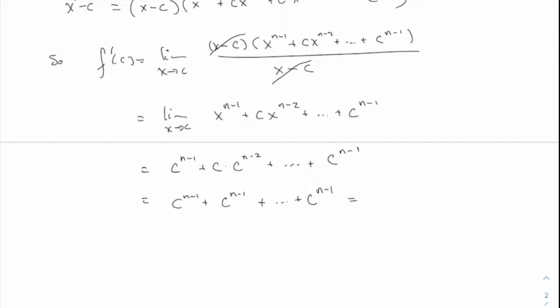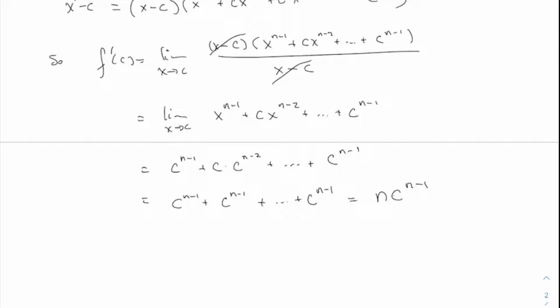So we can add them all up. How many of them are there? I think there are n of them if you are careful about how you count these up. Here we begin with x to the power n minus 1 going all the way down to x to the power 0, and so there are a total of n of them. So this is n times c to the n minus 1. And that's what the limit is, all right?